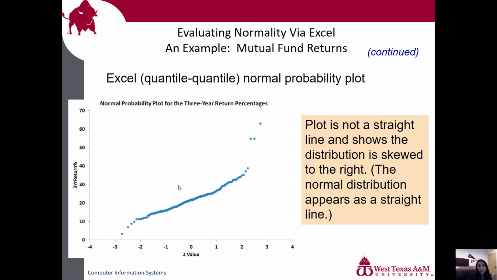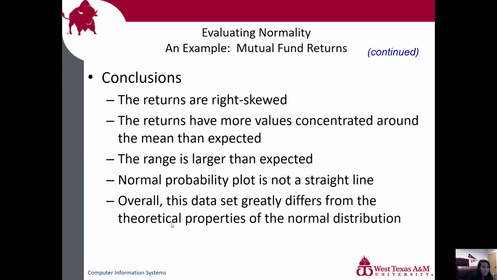We can also look at that probability plot. So this plot isn't a straight line, and it actually kind of swoops a little bit downward. So this appears again to be skewed to the right. So again, we can't just conclude or assume that all distributions are normally distributed, and we have to actually evaluate that.